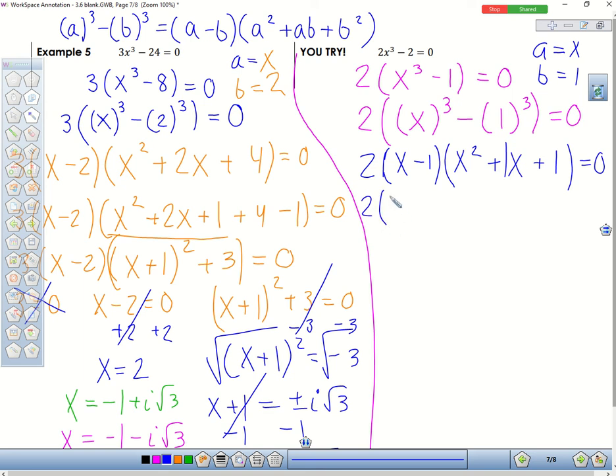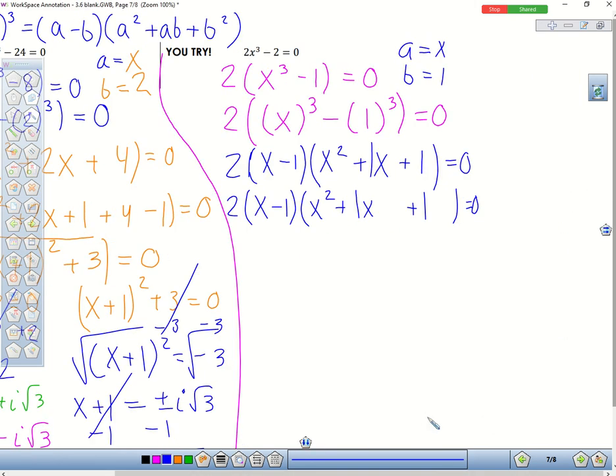So this becomes 2 times (x minus 1)(x squared plus 1x plus 1), leave space like that. What's half of 1? 1/2. What's 1/2 squared? 1/4. If I add 1/4, I have to subtract 1/4.